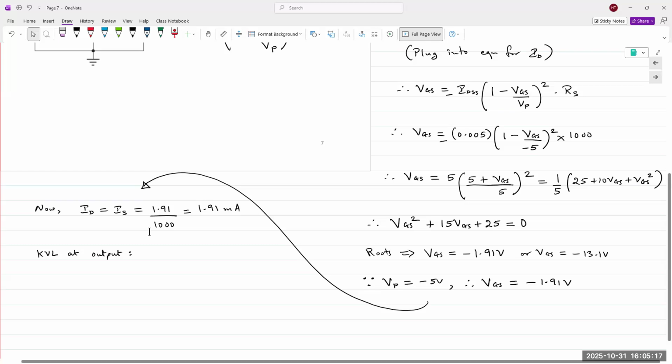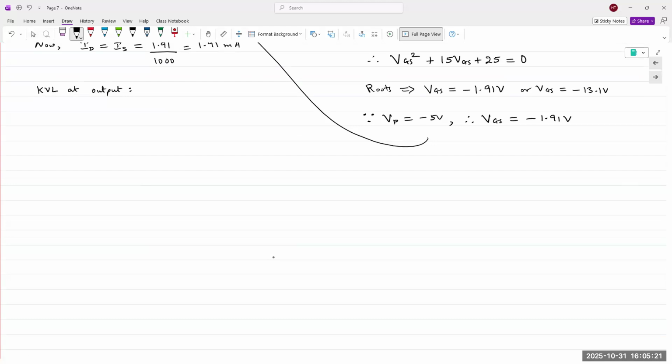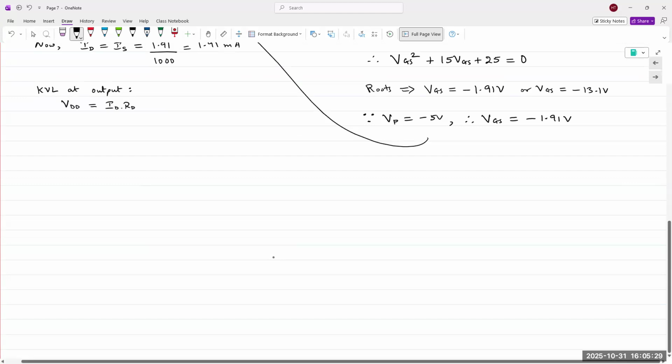When you apply KVL at the output, we obtain VDD is equal to VDS plus VRS plus VRD.